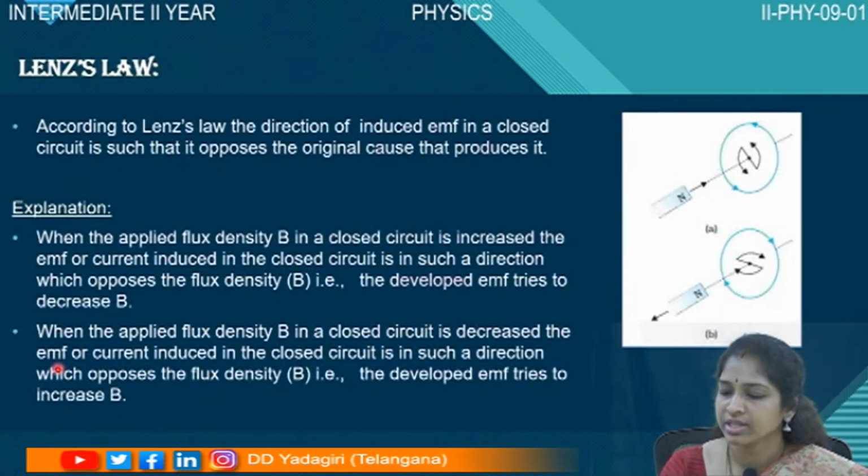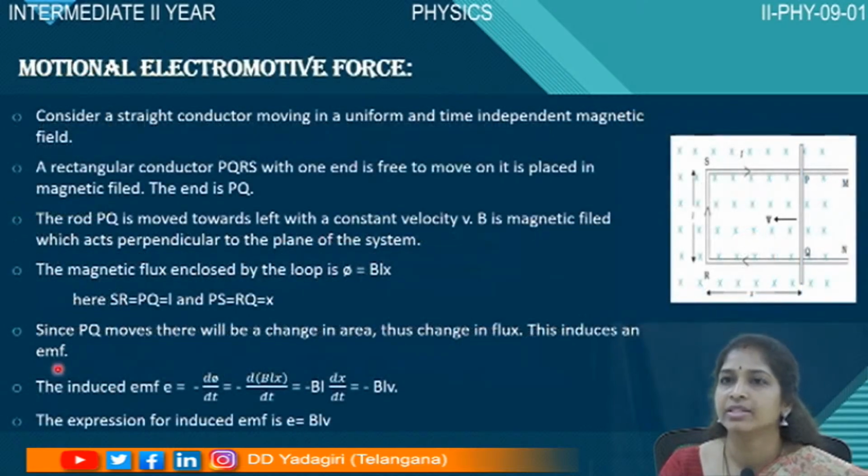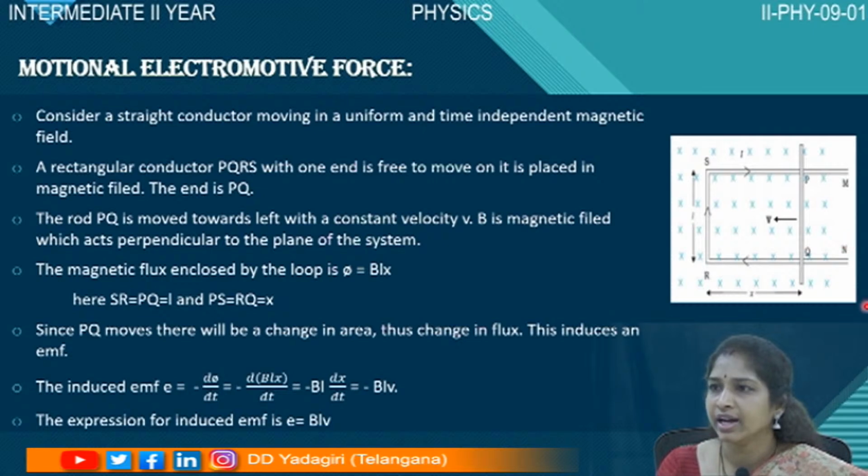So you understood this. The next topic is motional electromotive force. What is this motional electromotive force? That is, what is the expression for induced EMF? In this diagram, we can see a straight conductor that is moving in a uniform and time independent magnetic field.